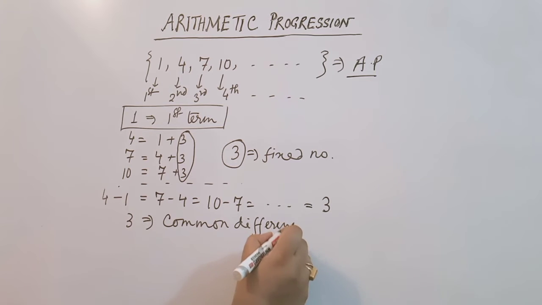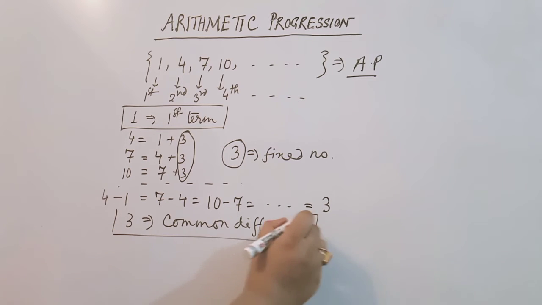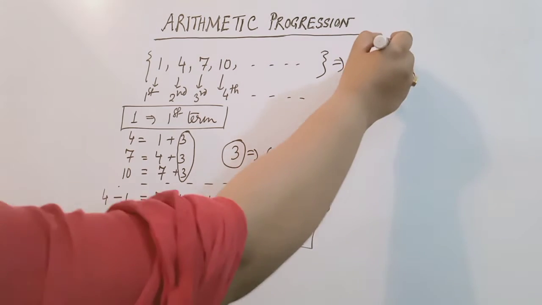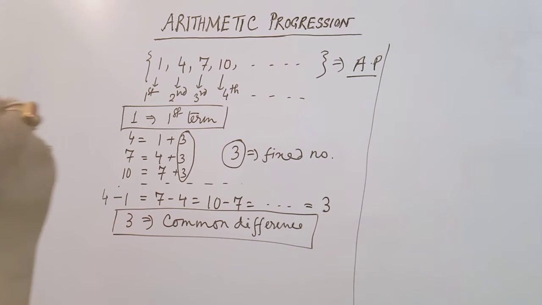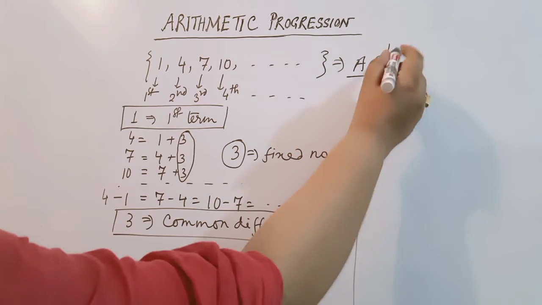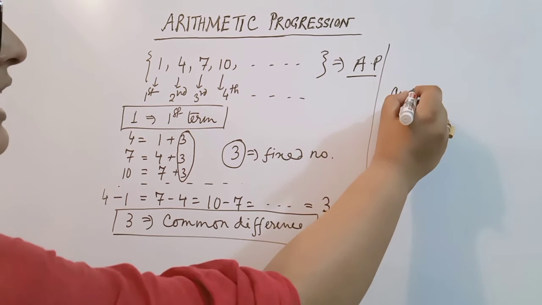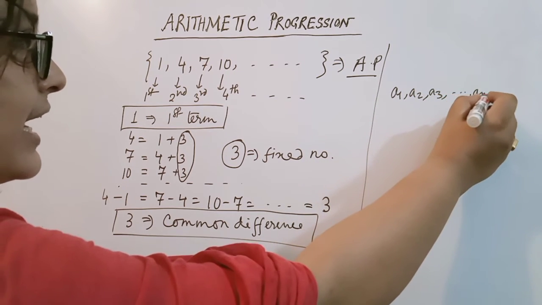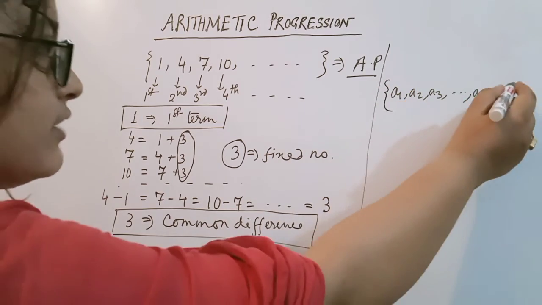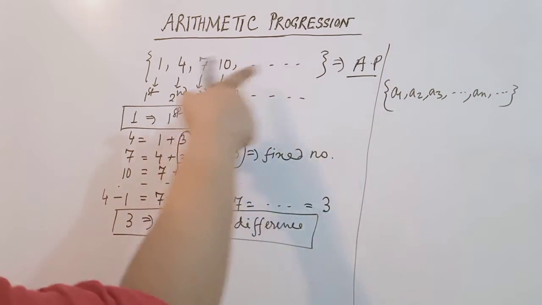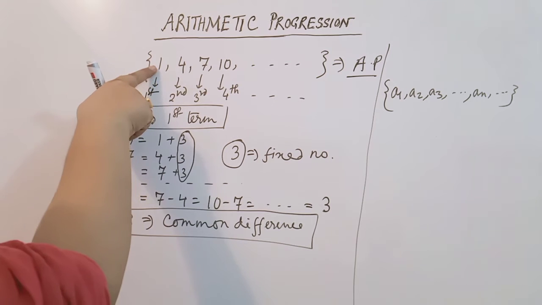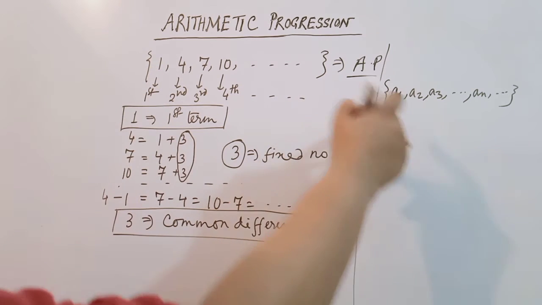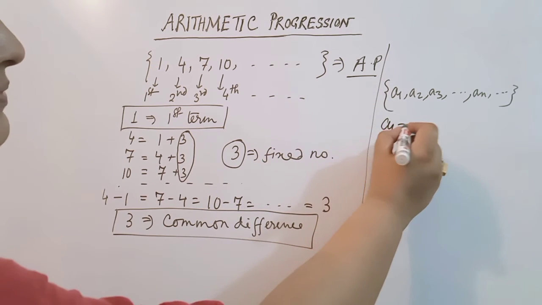So if in general we consider an arithmetic progression of the form a1, a2, a3, and so on, an, and so on, then just comparing to this progression, as 1 was the first term, here a1 is the first term.